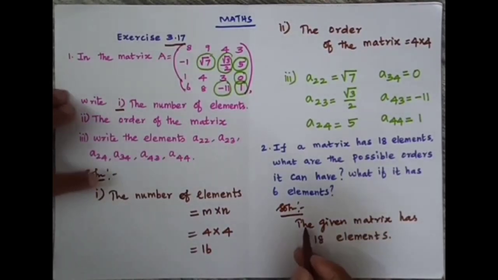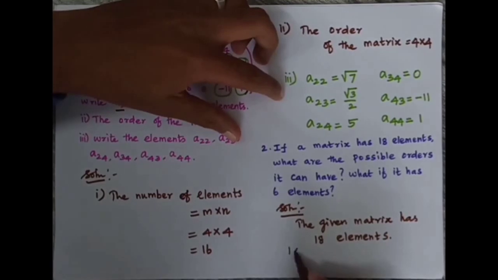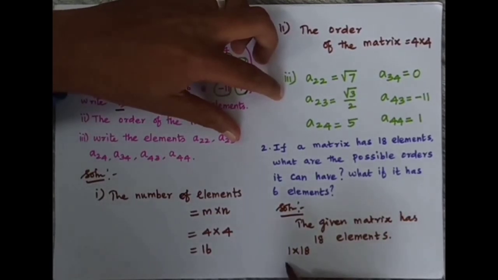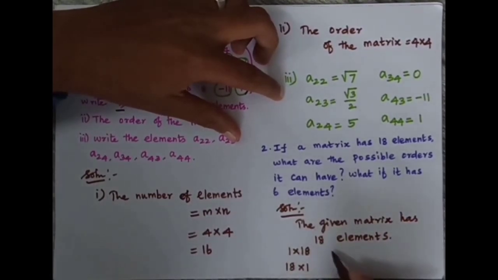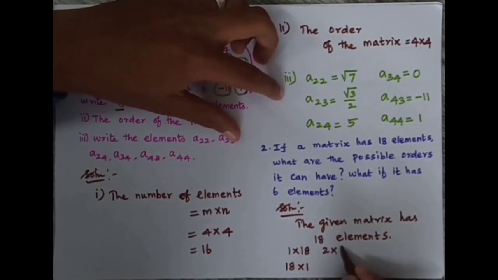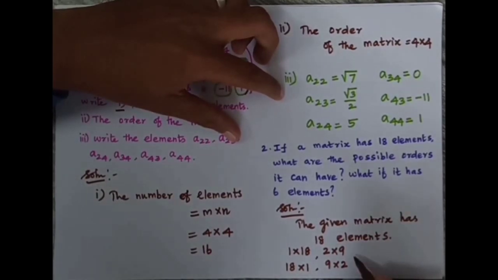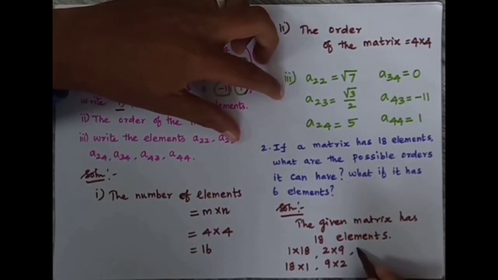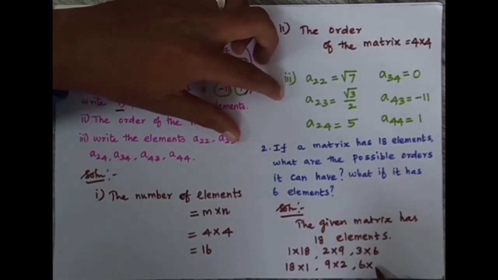So the orders can be 1 by 18, 18 by 1, 2 by 9, 9 by 2, 3 by 6, 6 by 3.